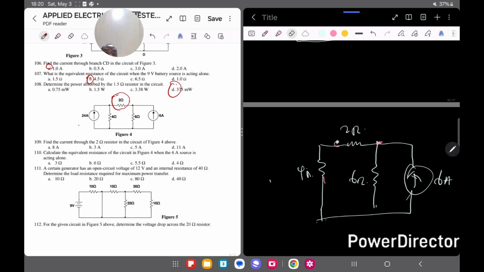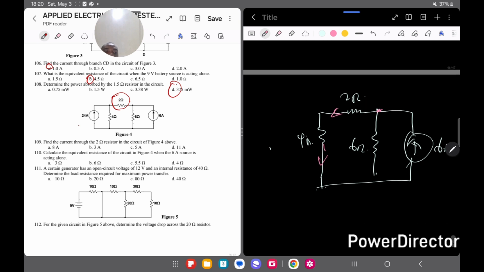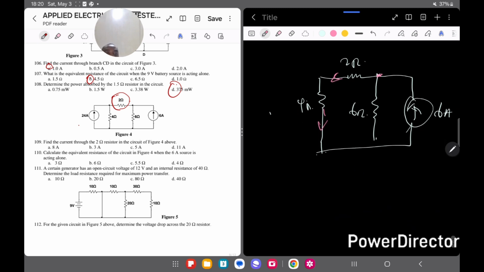We can now see clearly that the same current will pass through 2 ohms and 4 ohms. So we get the equivalent resistance there: 2 plus 4 gives us 6.